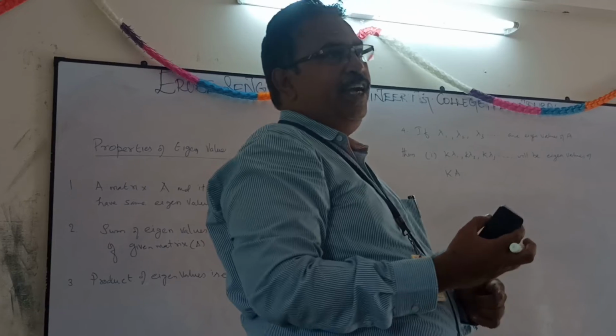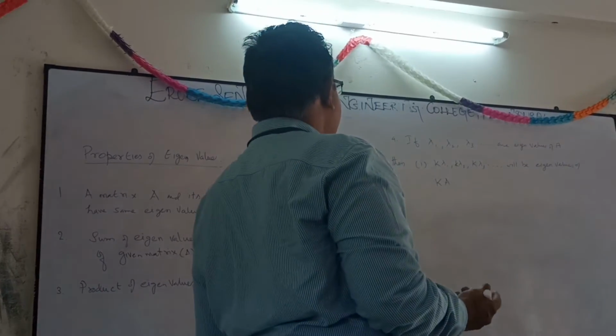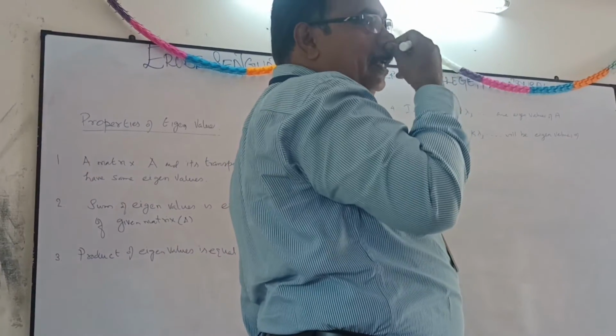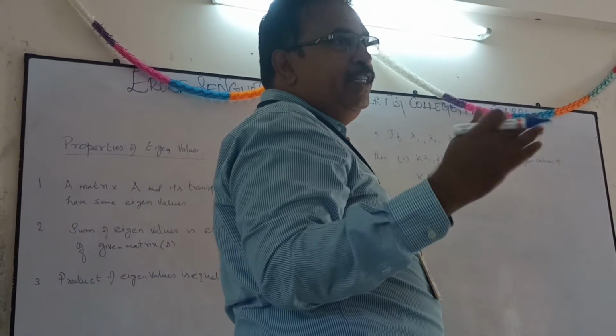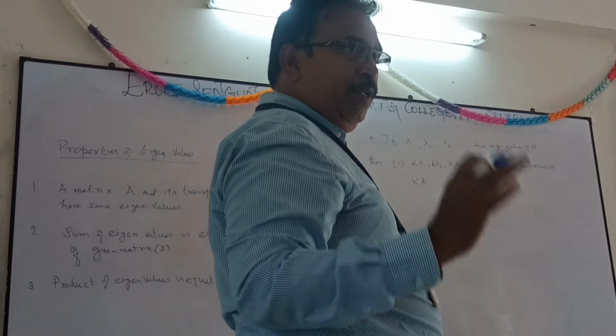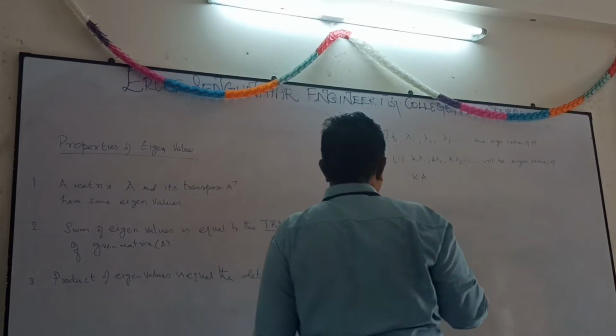If I want to find the eigenvalues of 2A, then it is 2 lambda 1, 2 lambda 2, 2 lambda 3.